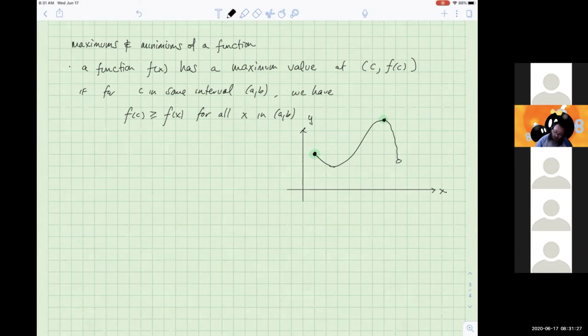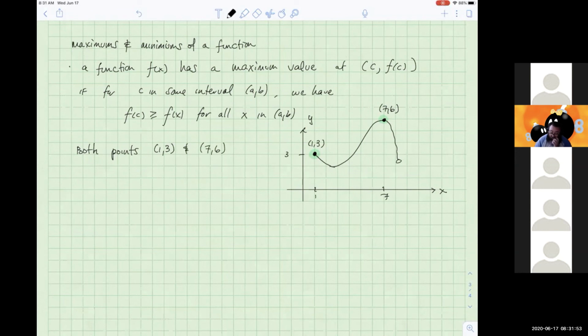And so we might say here that both points, now these aren't intervals, these are points, are 1, 3 and 7, 6.